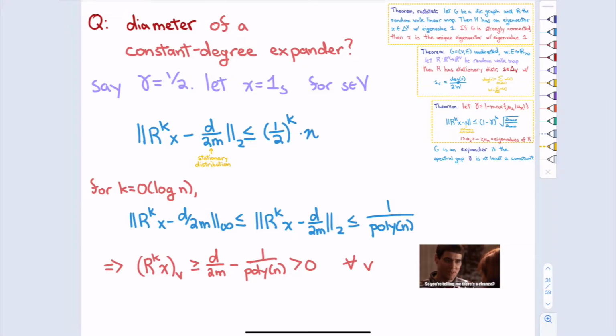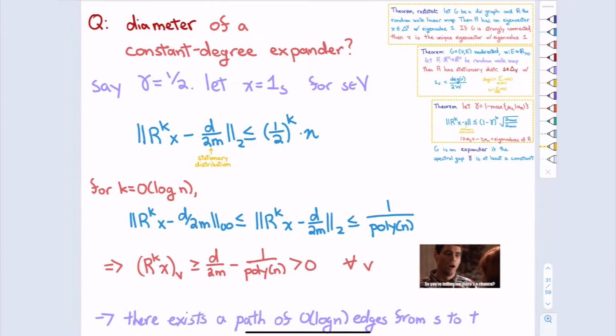It's at most log n, because we could get there with non-zero probability in log n steps. At some level, the fact that we go to a stationary distribution really fast also means we have a decent chance of getting anywhere really fast. Really fast maps to few steps. So that's very nice.